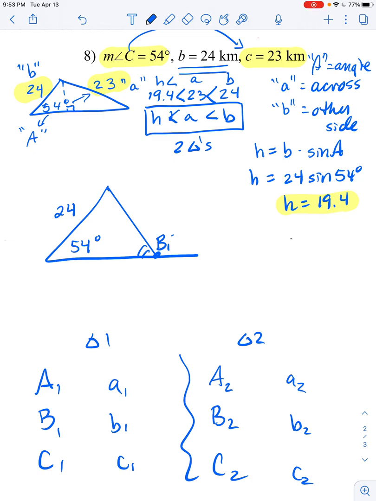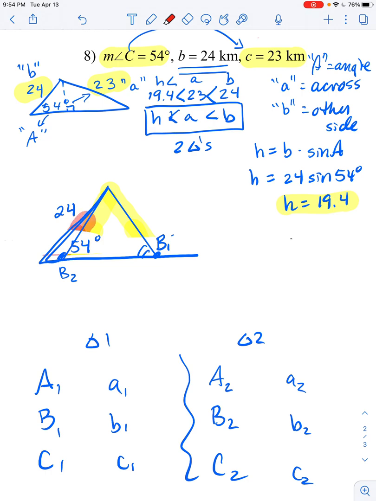If I have that same side and it's going to swing all the way through and then hit again on its way out, you can see that now angle B, my second option, is a really giant obtuse angle, and it creates this really skinny sliver of a triangle. So here, this is going to be my triangle 1, and then over here is going to be my triangle 2.